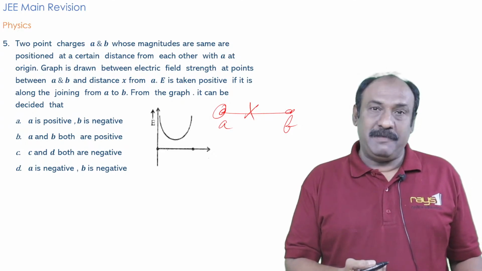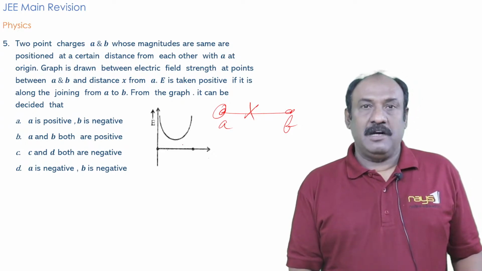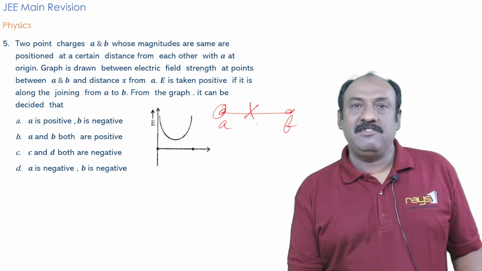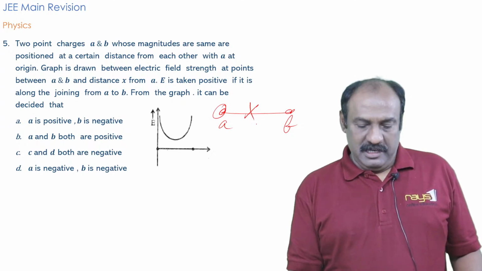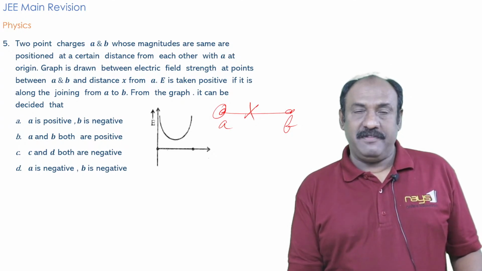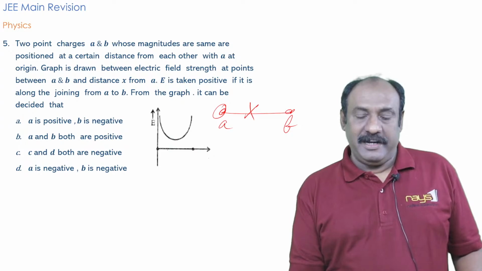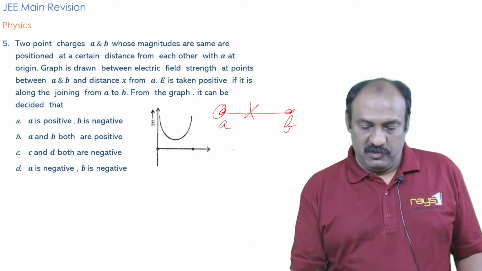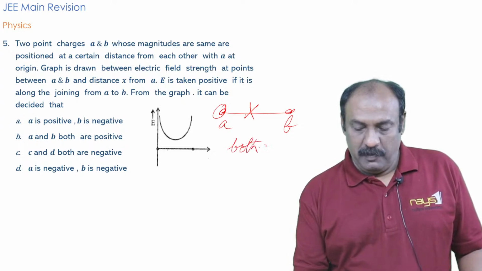At a null point, the net electric field intensity is 0. But from a keen observation of this graph, the net electric field is not 0 at any point. For that reason, both charges are not positive.